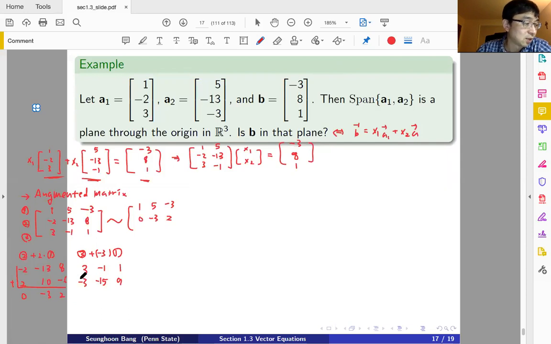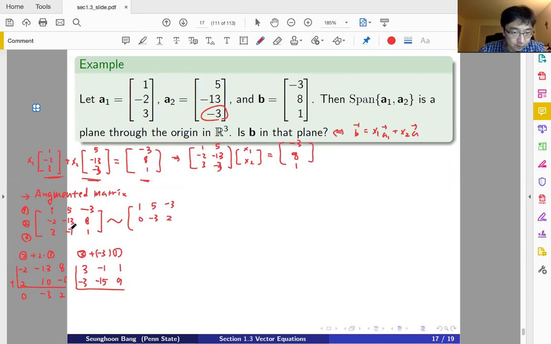So like this. So we have this one and add it. Oh, this is a typo, sorry. It was A2, negative 3. Change it, sorry about that.